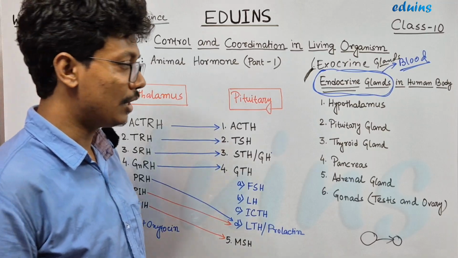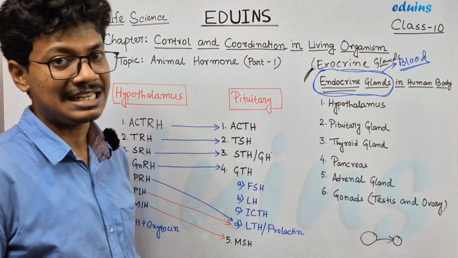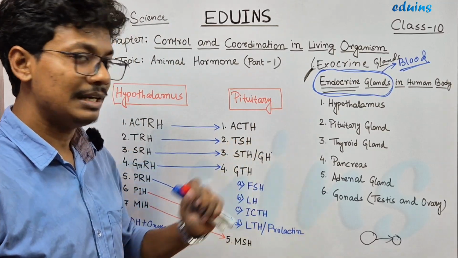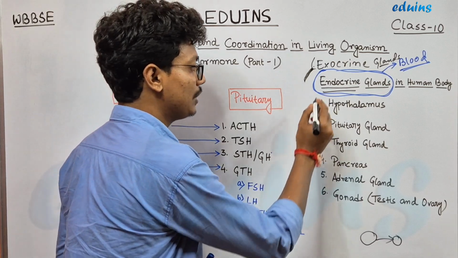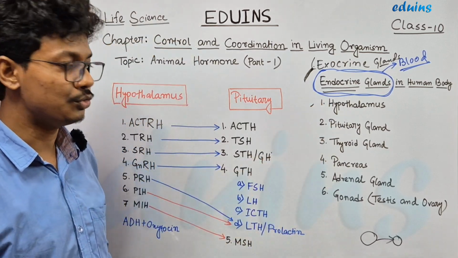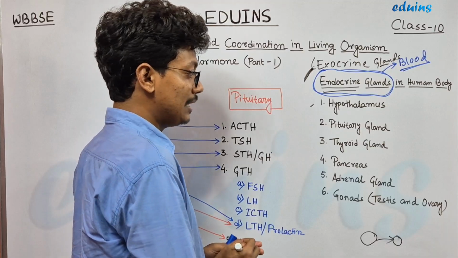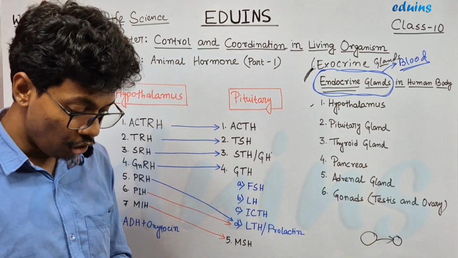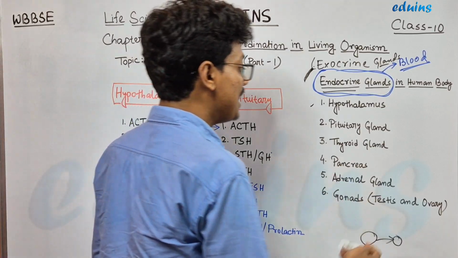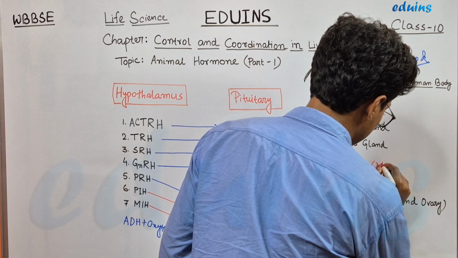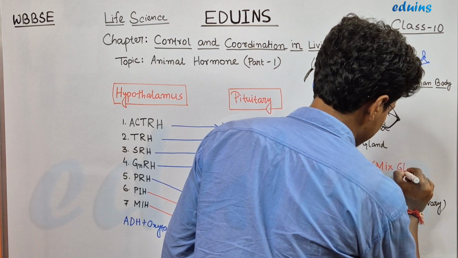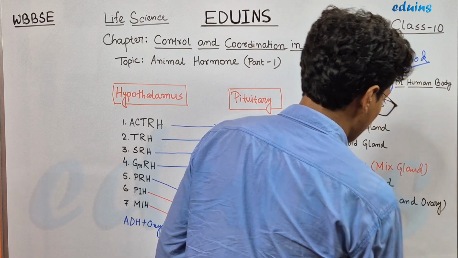In the human body there are 6 types of endocrine glands. Number 1 is the hypothalamus, number 2 the pituitary gland, number 3 the thyroid gland, number 4 the pancreas, which is also known as a mixed gland. Why?